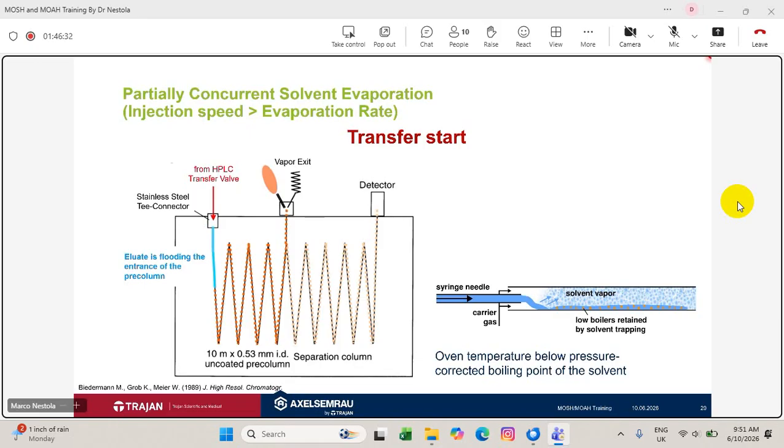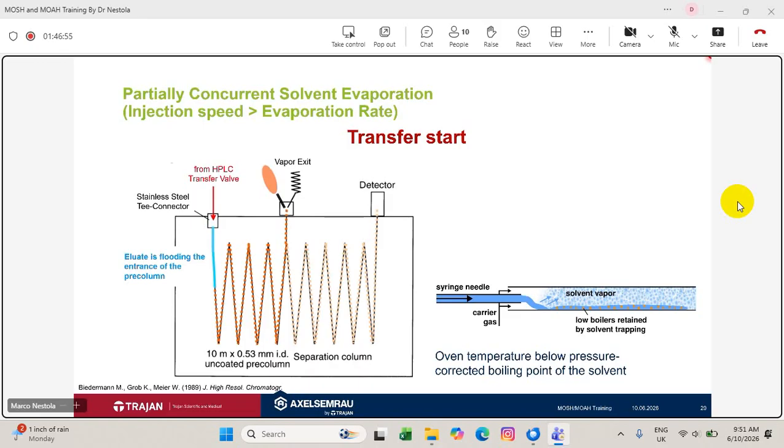We have carrier gas coming from the backside, mixed into the T piece. We have a liquid layer inside our pre-column, and quite a bit of the liquid is already evaporating by the fresh carrier gas. So we have a combination here of liquid on the walls of our column.